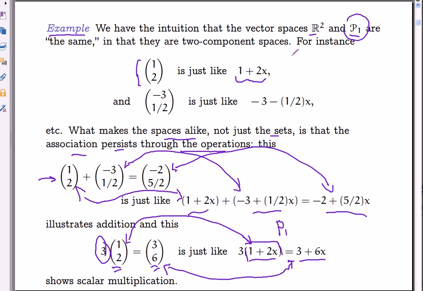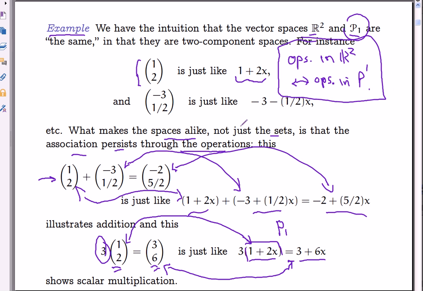So you can say this in brief, that operations in R2 correspond to operations in P1. Okay, and by operations, I mean either addition or scalar multiplication. So that's what we're seeing here, that this identification, which we can also call a mapping, between R2 and P1 preserves the operation. Any operation in R2 has a corresponding operation in P1 that gives the same result.